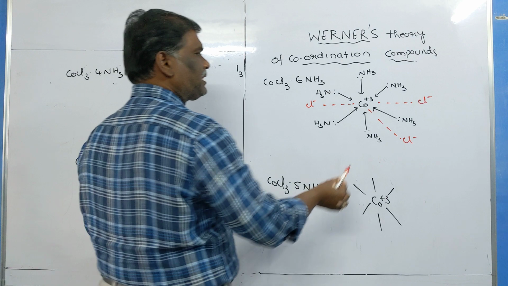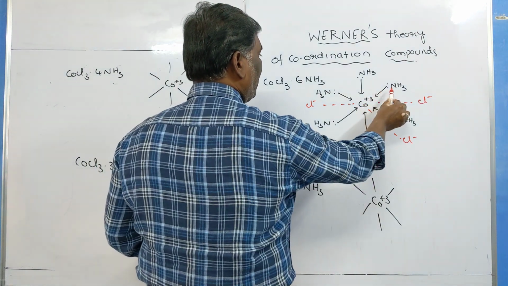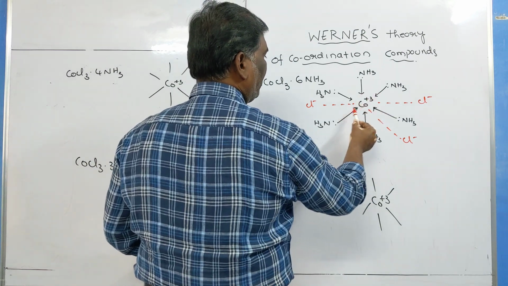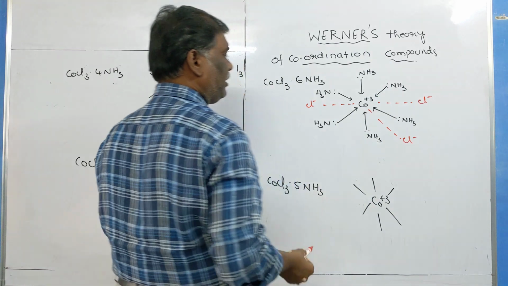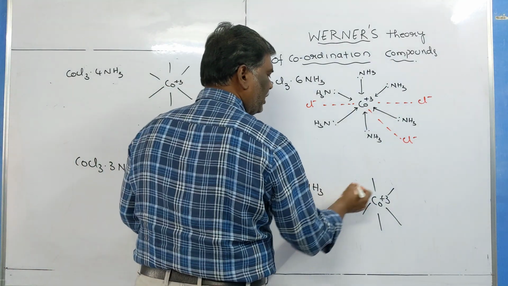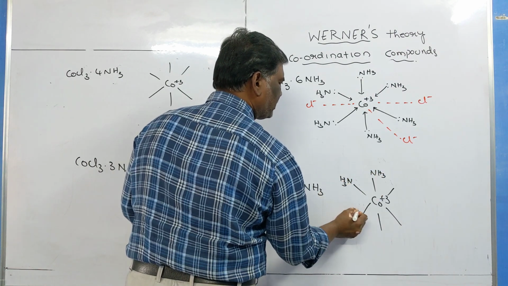Now the first point is there is a central metal ion. It is surrounded by some compounds known as ligands. Now dative bonds represent the secondary valency. Dotted lines represent the primary valency. Now I go to this one. Here there are 5 NH3 molecules.